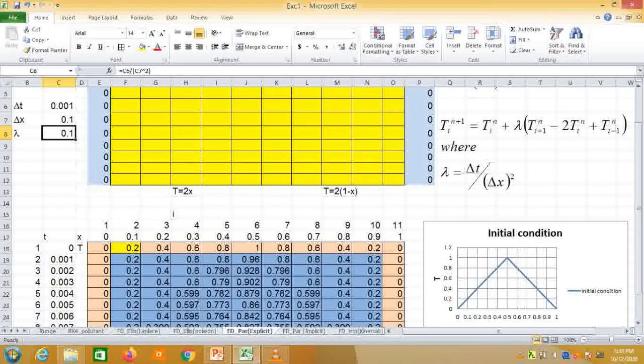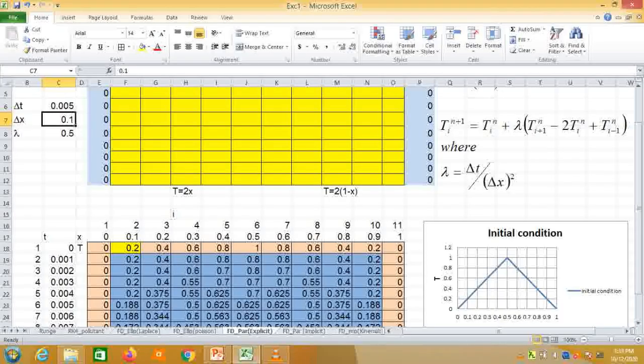Here everything is positive now. If you just multiply this by 5, lambda is 0.5. That's still okay. It's symmetrical, and the maximum lies somewhere in the middle.